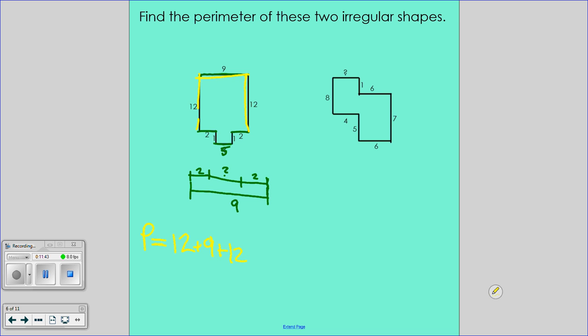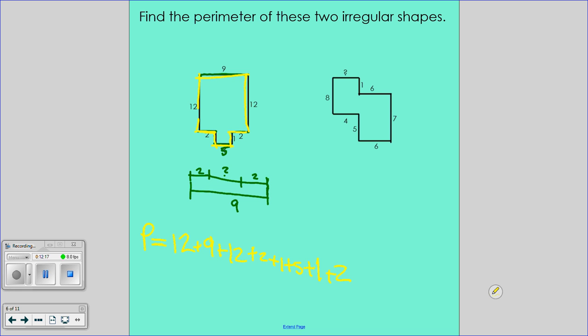If you are not drawing around your shape, please get in that habit. I know it's redundant, but this way you know you're not going to forget any sides. Plus 2, plus 2, plus 1, plus 1, plus 5, plus 5, plus 7, plus 2. Especially this kind of shape where we have all of that.